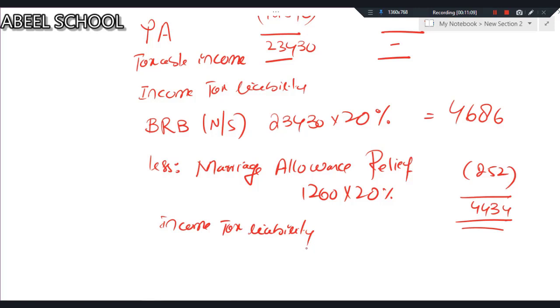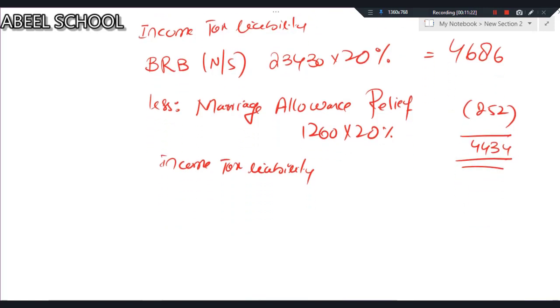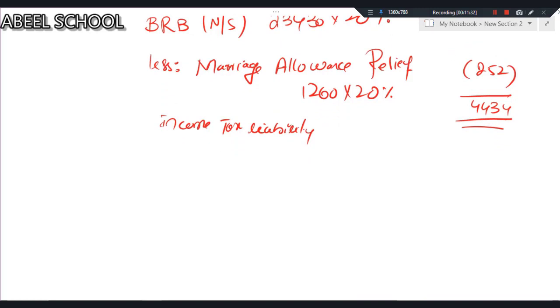Another very important concept relating to marriage allowance election, but this is only for those students that are actually planning for really good marks. That is when this marriage allowance election is effective. So let me explain, write the rule.